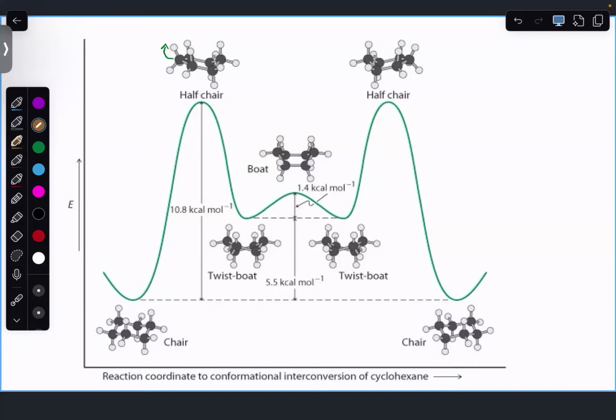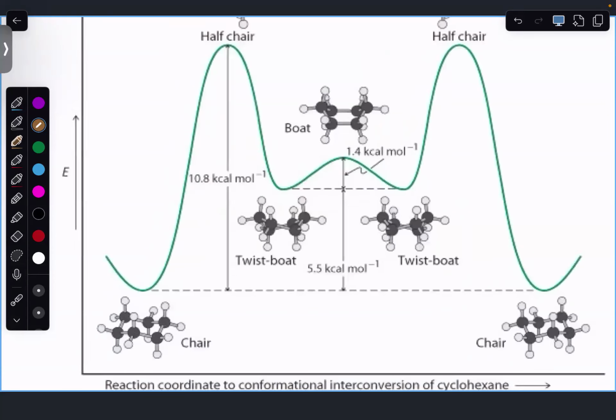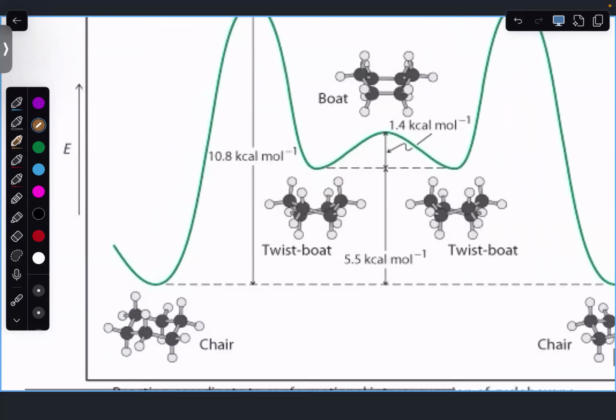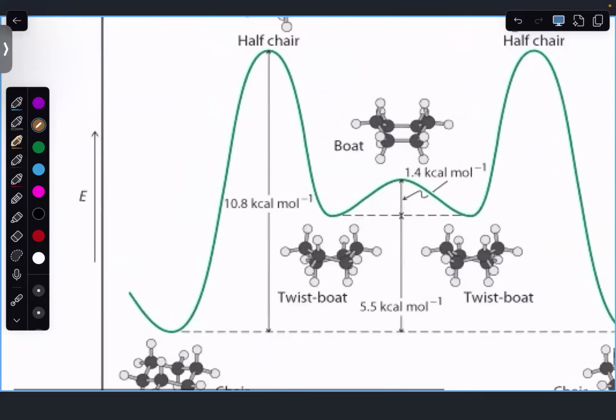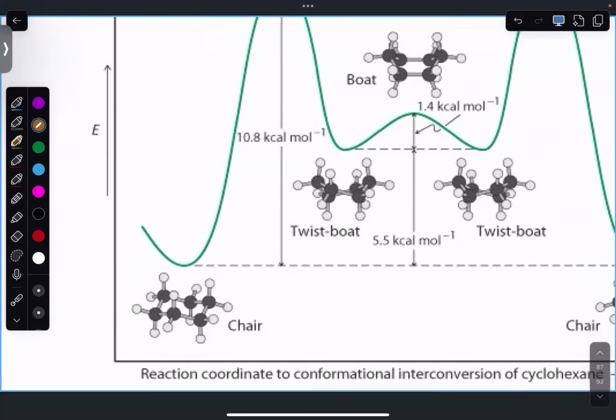Now, I'm going to blow this up a little bit. In order to get from one chair form to the other, we're going to start by raising the foot. I'm going to start this conversion simply by taking the foot of this chair and starting to raise it up.